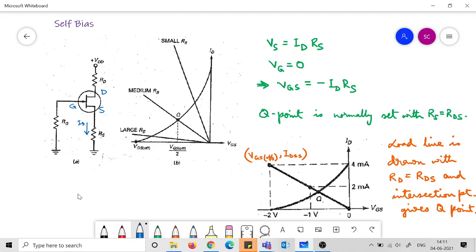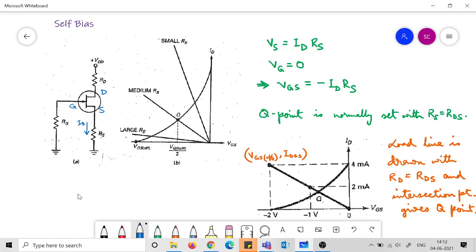Now, when it is in the active region, the Q point is normally set with RS equal to RDS. This is the RS, which is an external resistor you are connecting to the transistor. RDS, you remember, is the drain source resistance when your VGS equals 0, and that was VDS by IDSS.